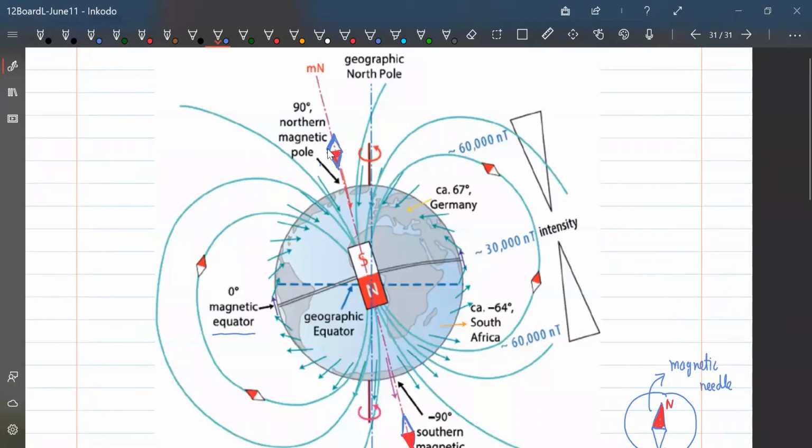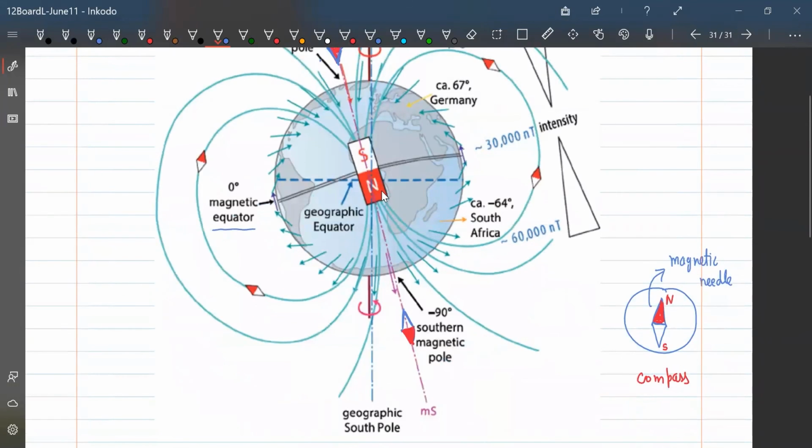So the places on Earth where the compass needle becomes perpendicular are called geomagnetic poles.